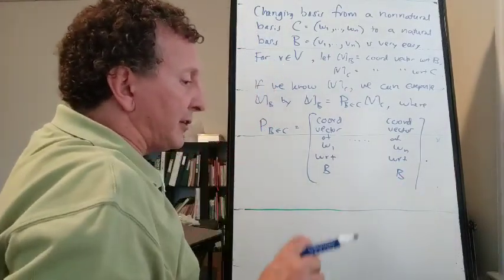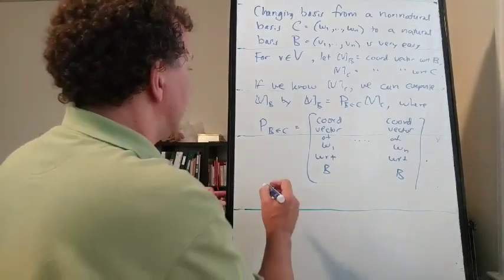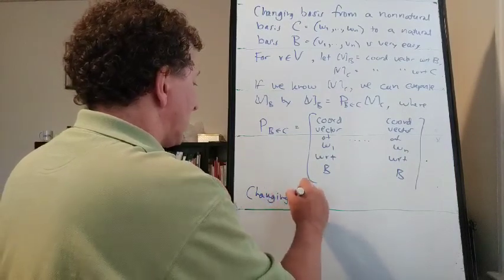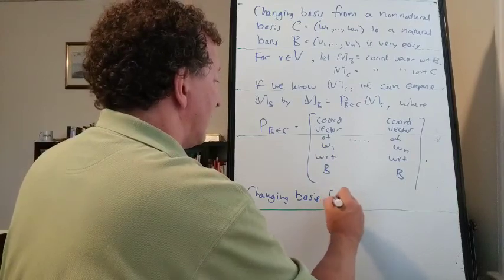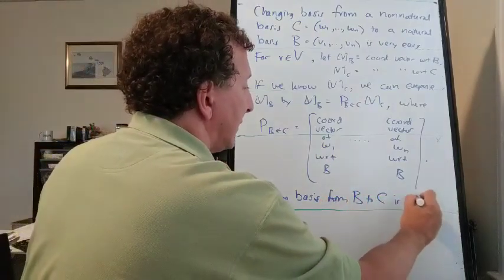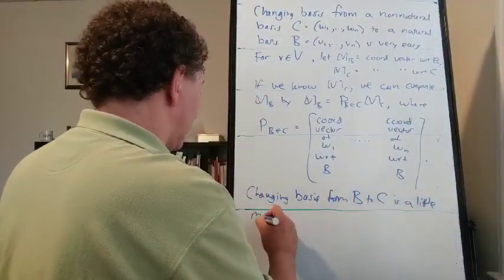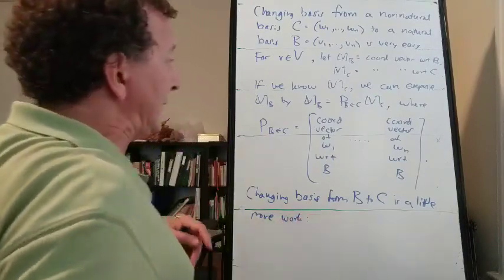Now changing basis from natural to non-natural, so let's say from B to C, is a little bit more work because we need to invert a matrix.